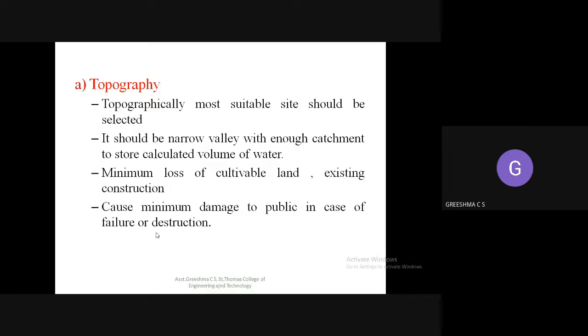So you should store the water in such a way that the agriculture of the nearby area is not affected. You should provide proper irrigation for cultivation in the nearby area. Also, existing construction should never be damaged by the new dam, and it should cause very little nuisance to the public. There should not be any public damage.